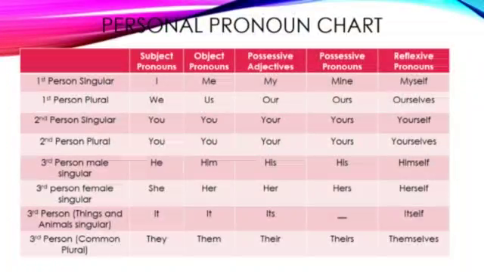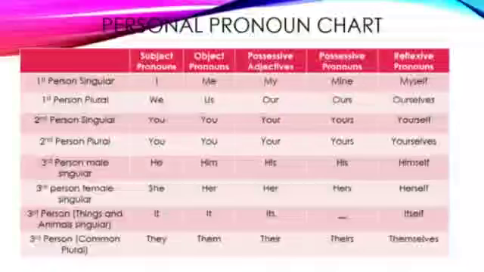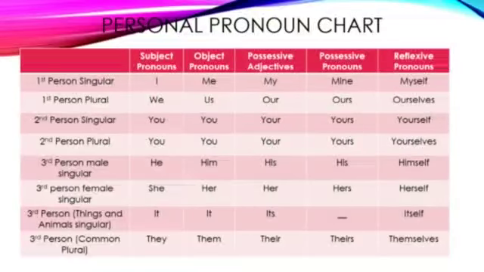My is a possessive adjective. It is not a possessive pronoun. Make sure that you are clear about possessive adjectives and possessive pronouns, because many a time students feel that my is a pronoun, but no, it is not a pronoun, it is a possessive adjective. Look at the table carefully.